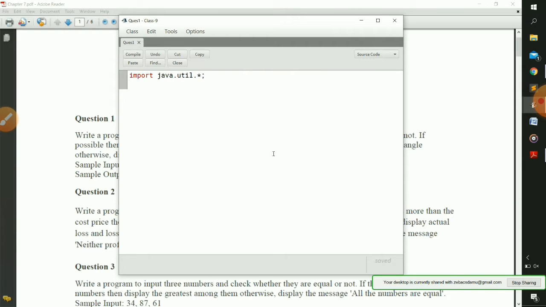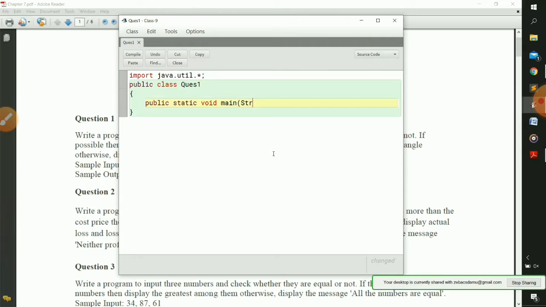Now it's time to define our class, so we are defining public class. The class name should be similar to what you defined previously, so let us take Question1 here as well. Afterwards we need to define public static void main, String args. I have already discussed in the class why we are using this.